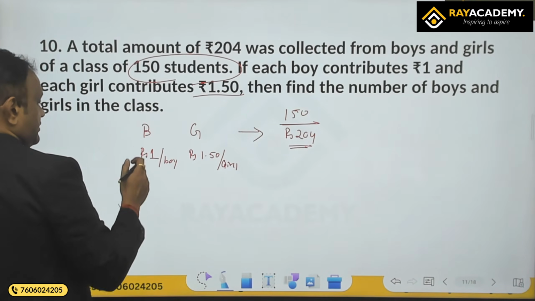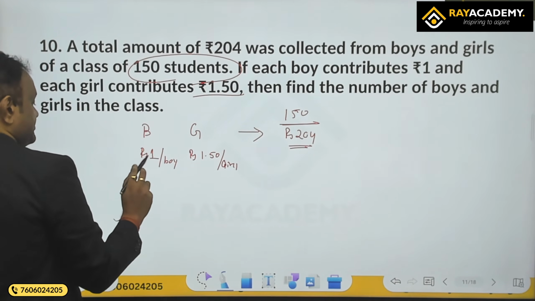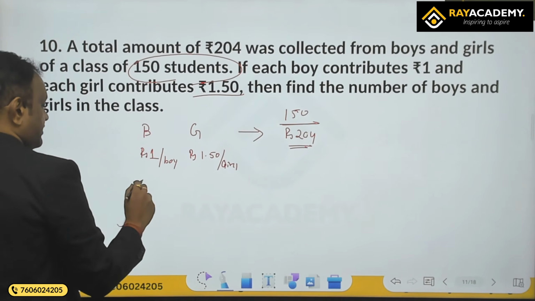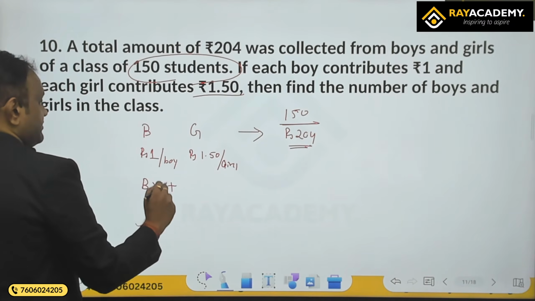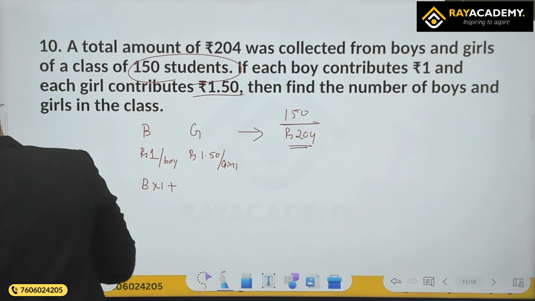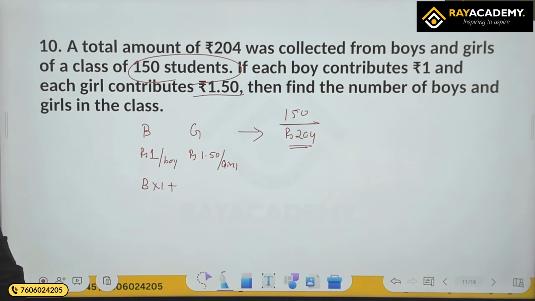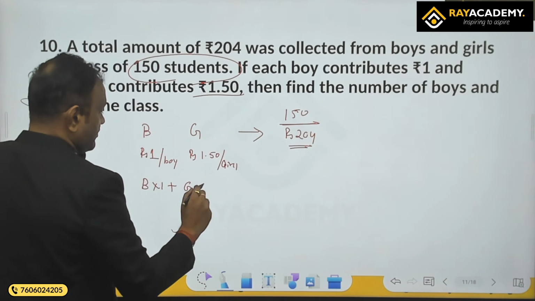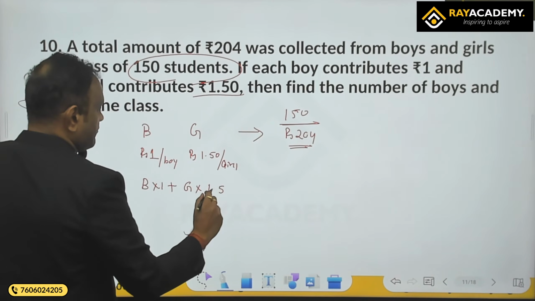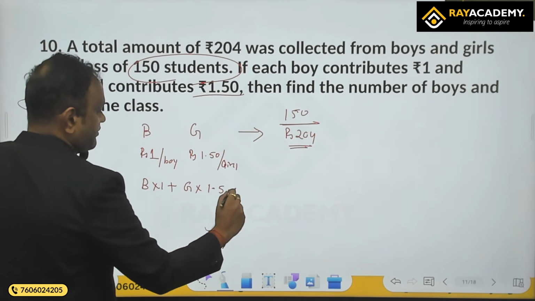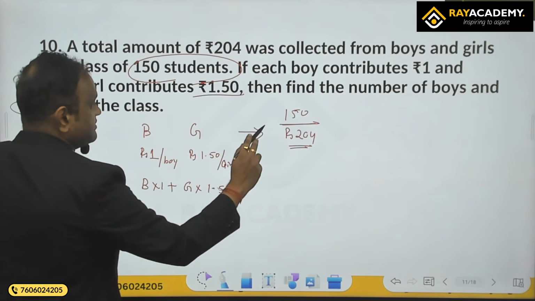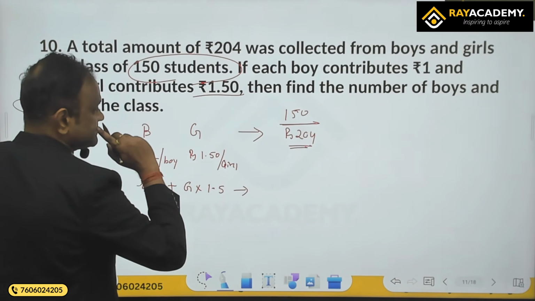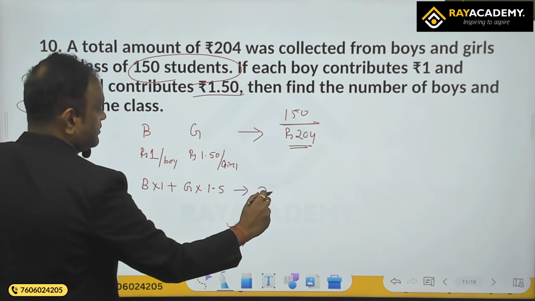If each boy is paying 1 rupee, the total amount collected from the boys is B into 1. If each girl is paying 1 rupee 50 paisa, the total amount collected from all the girls is G multiplied with 1.5. But 1.5 we will convert to a fraction so that it becomes easy. This equals 204 rupees.